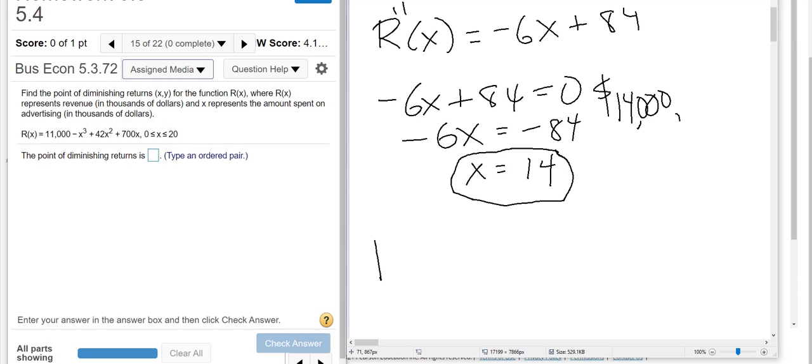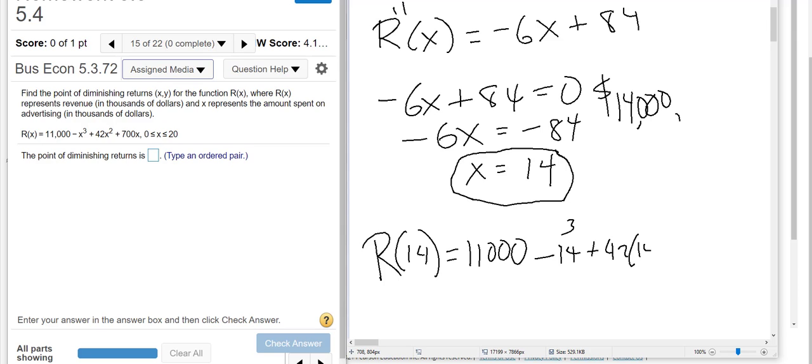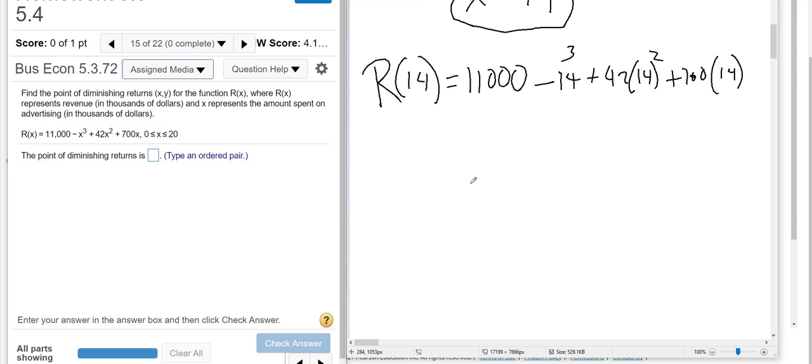So we have to put 14 into the original function. So that's going to be 11,000 minus 14 cubed, it's positive, I don't need parentheses, plus 42 times 14 squared plus 700 times 14. So I'm just substituting the x value we found back into the original, not into either derivative.